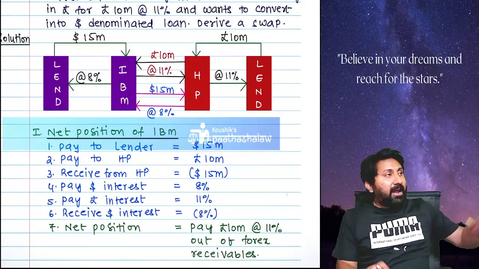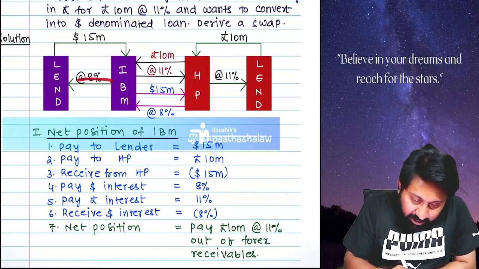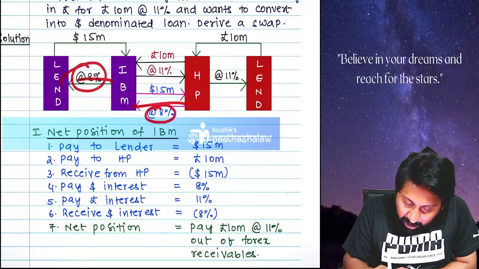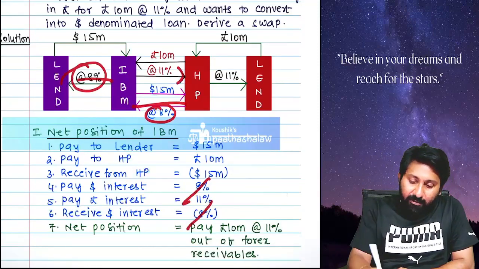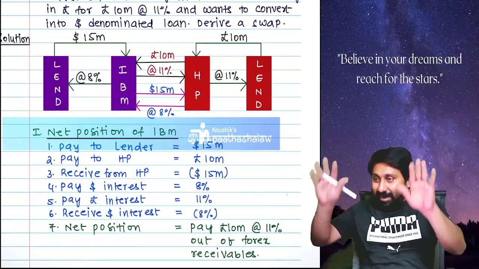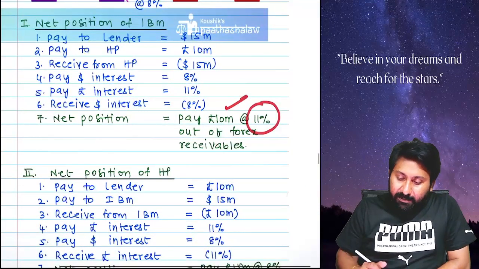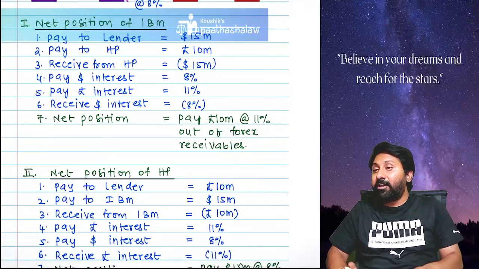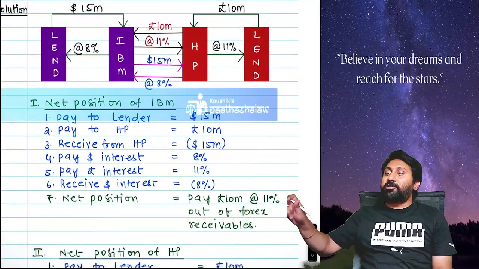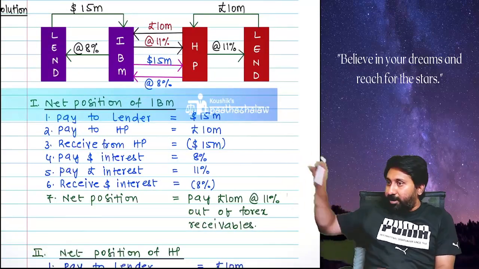Next, I will pay interest. I will pay dollar interest of 8, I will receive dollar interest of 8. 8 and 8 cancel. I have to pay 11. Technically, my net situation will be to pay 10 million loan at 11%, out of forex receivable. Means net how much do you have to pay? 10 million at 11%. Forex receivable anyway will come.